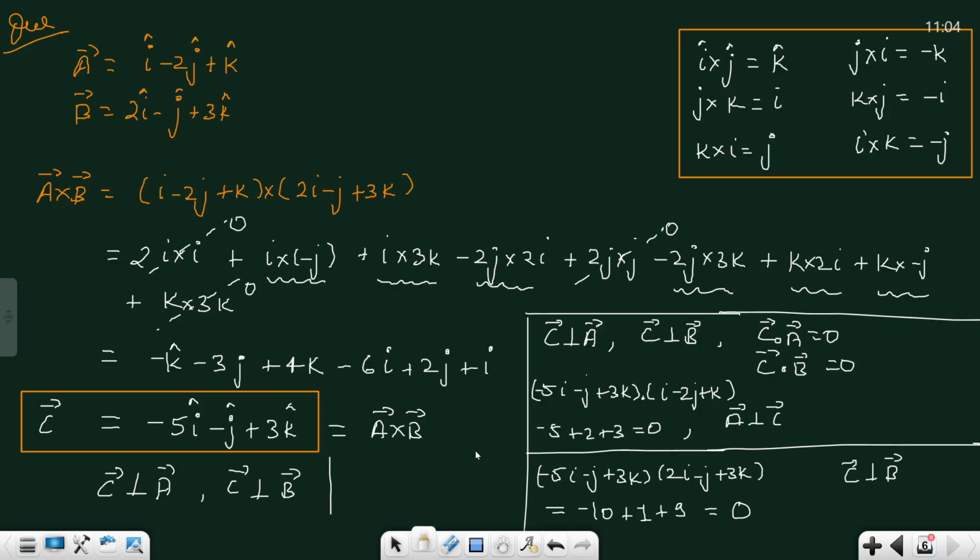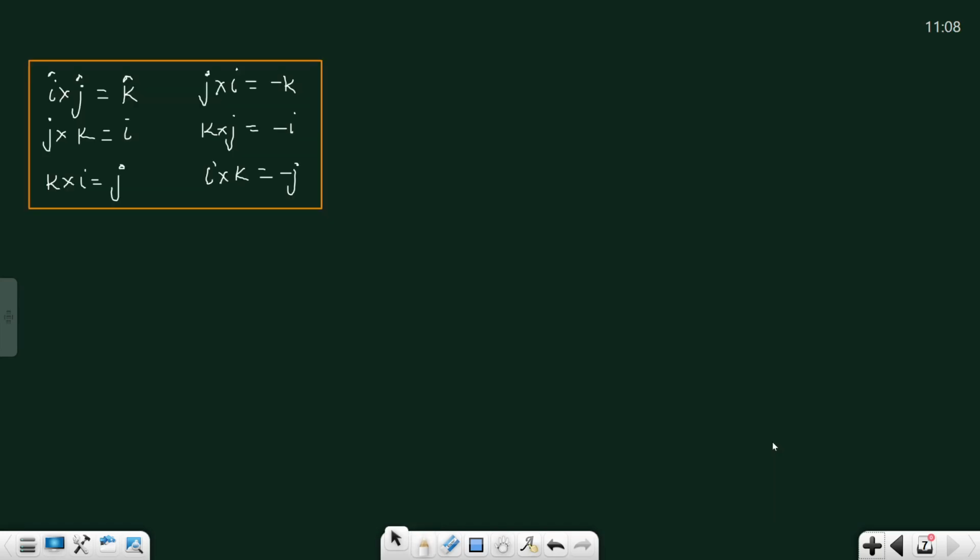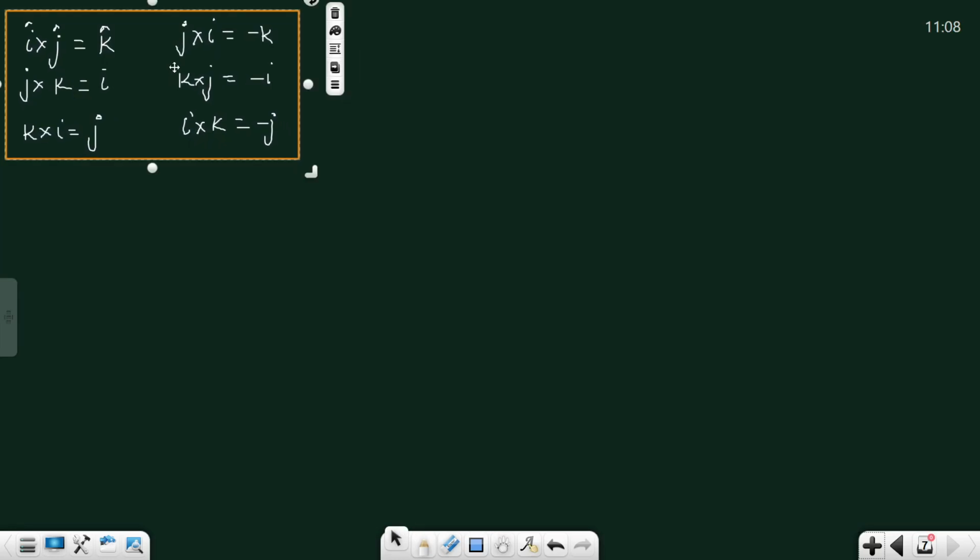Just note it down. I know it's a very long method, but this is the basic method for cross product. In the next method, we will learn the determinant method. We will use the determinant method for the calculation of A cross B. This is method 2.